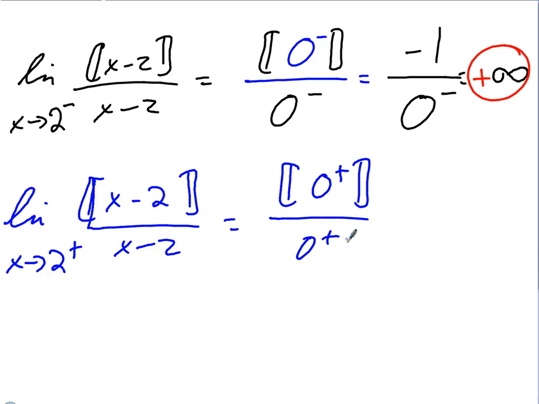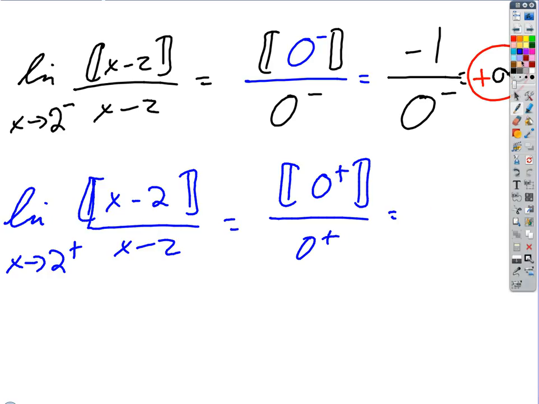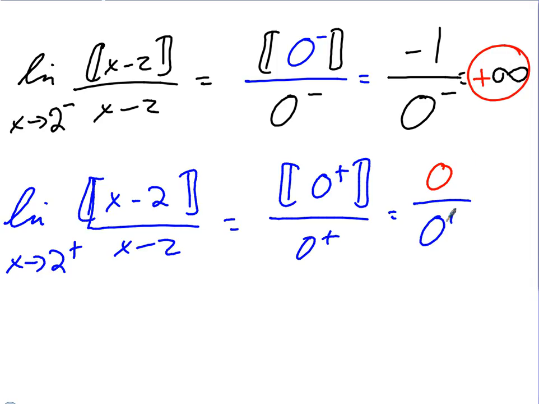Yeah, so let's talk about why. What is this actual value up here? 0, because this means that the bead is slightly to the right of the knot at 0. So when we push it to the left, it's going to stop at 0. So we're getting 0 over 0 plus. Now the question is, is that undefined? Is it more work or is it an answer? It's an answer.